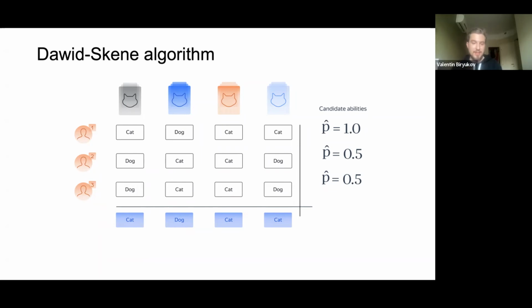And in this case, they may use a latent variable like the ability to provide a correct answer, and a latent variable like the complexity of the tasks. And they may use gradient descent to optimize the whole scheme.